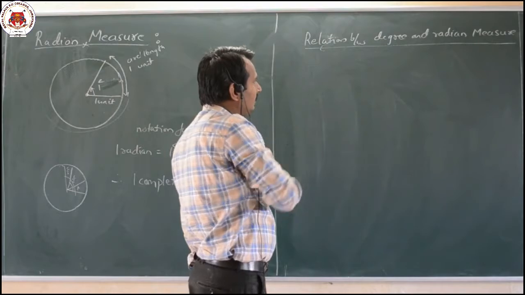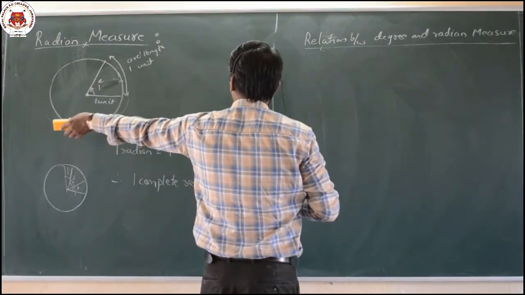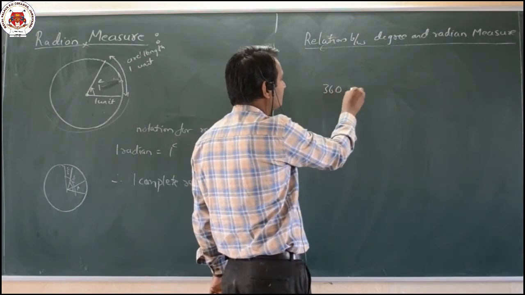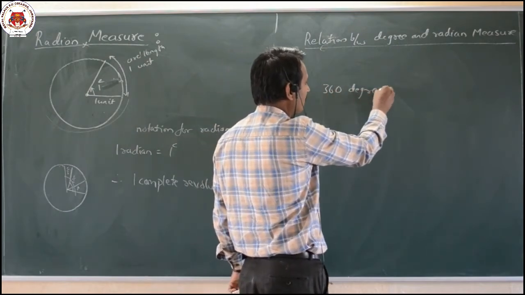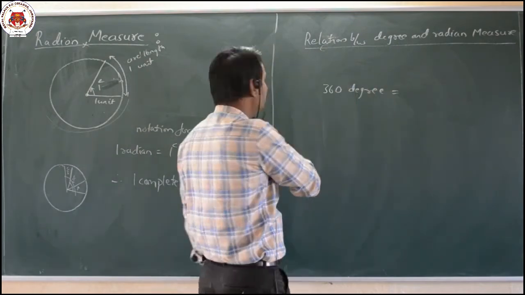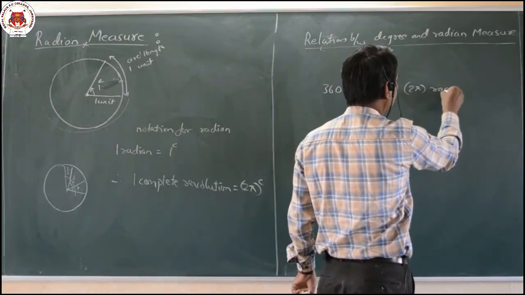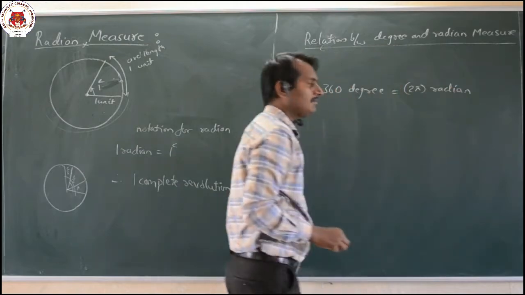Now we know that one complete revolution in terms of degrees means 360 degrees, and one complete revolution in terms of radians means 2 pi radians.